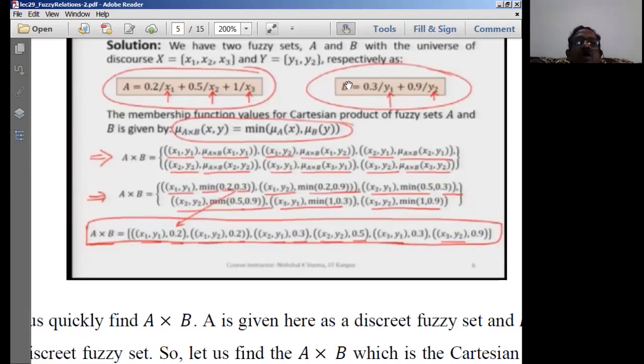Then similarly, odd dot pair means what? X1, Y1, X1, Y2, X1, Y3 is the ordered pair. Y3 is not there, so we stop with X1, Y1, X1, Y2 only. Then X2, Y1, X2, Y2. Similarly, X3, Y1, X3, Y2 we can have.